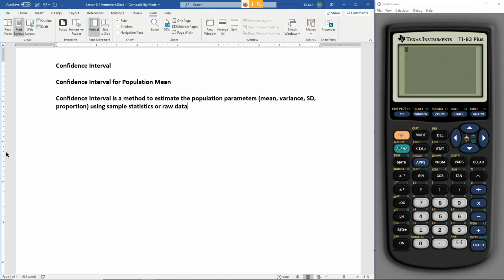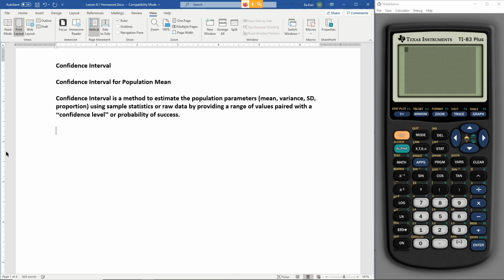And I'll explain what it is by providing a range of values paired with a confidence level, or probability of success. So you're like, well, what are we talking about?